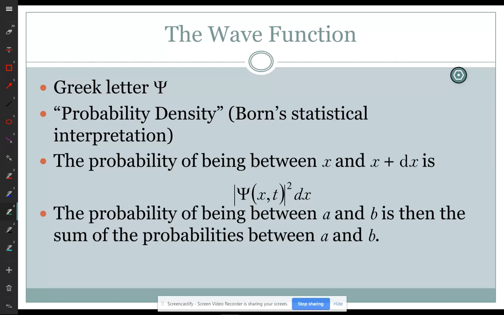So you take the mathematical discussion here. How do you read that? That's just asking how you read the math. Absolute value of the function of psi in terms of x and time, squared, times dx.